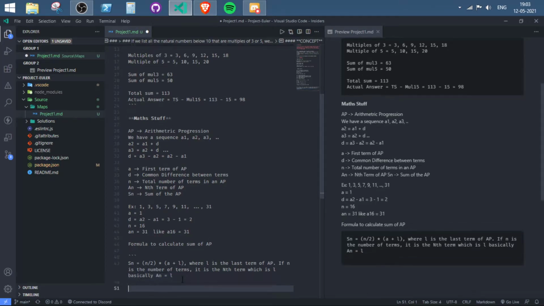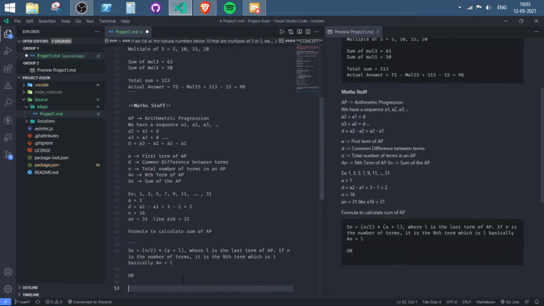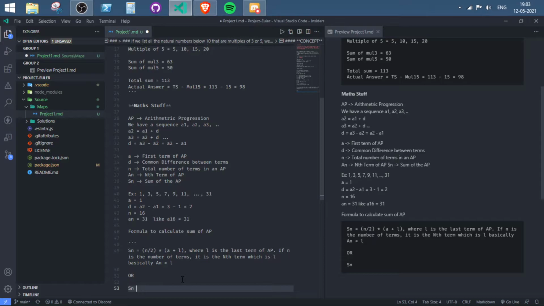So this is formula 1. Or you can just say the sum is n by 2 times 2a plus n minus 1 times d. I'm not going to put everything in multiplication signs. It looks a bit more complicated, but it is basically the same thing.